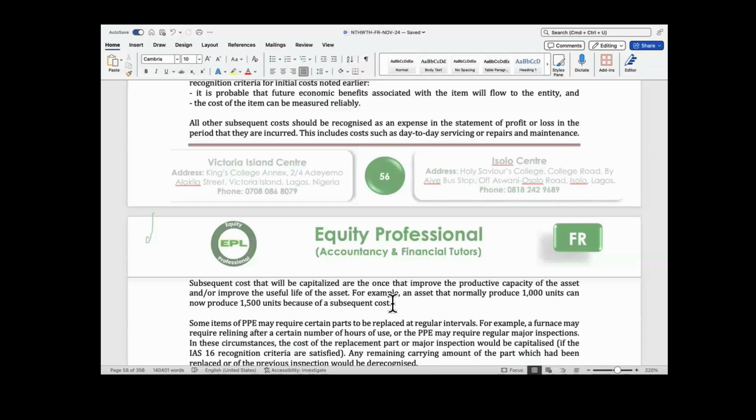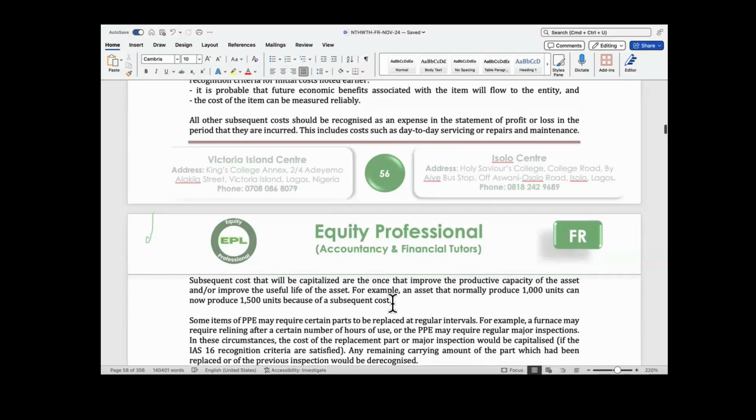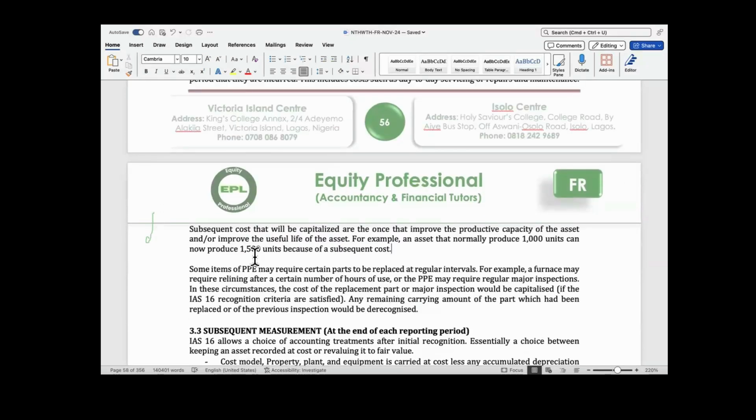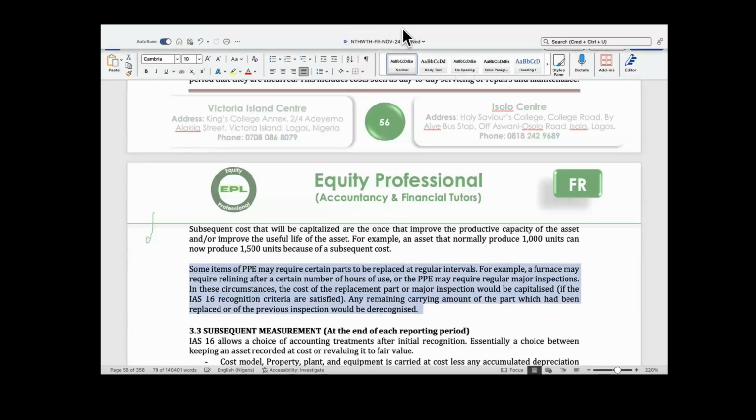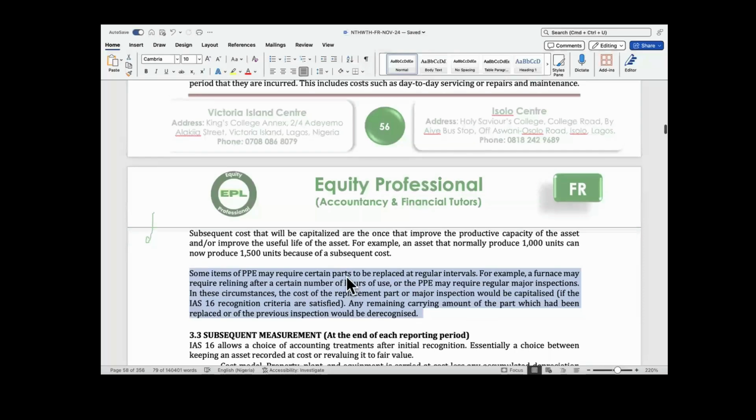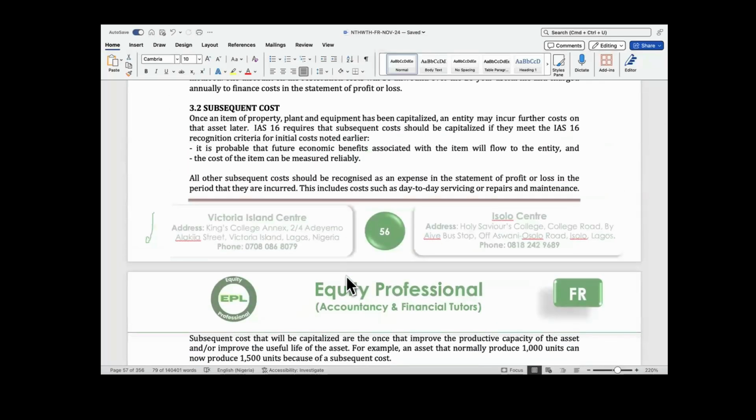If you're able to spot that, okay, this is what Mr. Wasi was talking about, providing additional economic benefits, then you should know that it should be capitalized. When you capitalize it, then you are fine. And that is what this guy is continuously emphasizing in this part. Take note of that, because we are going to be needing that knowledge later when it comes to subsequent costs.